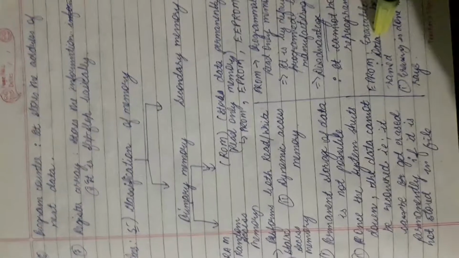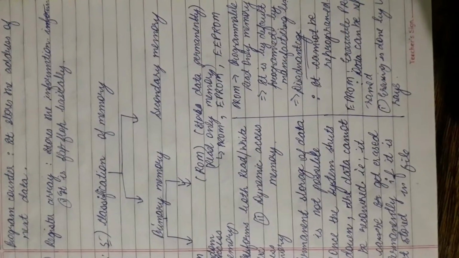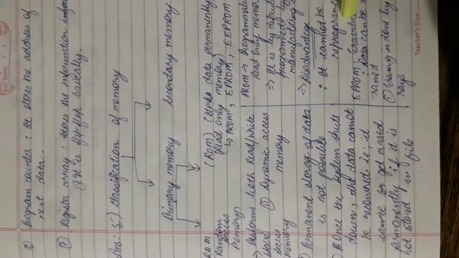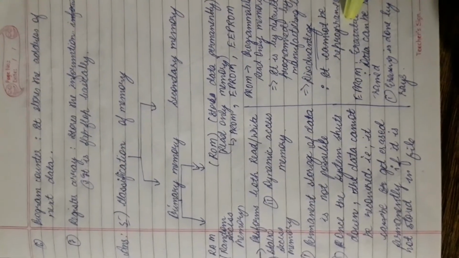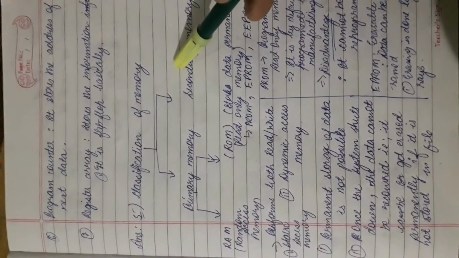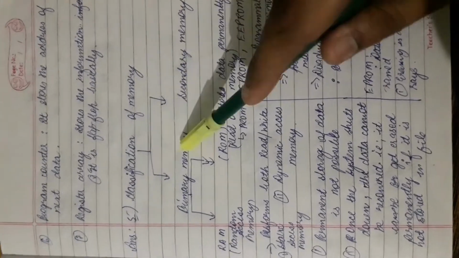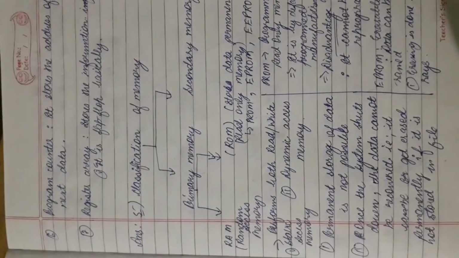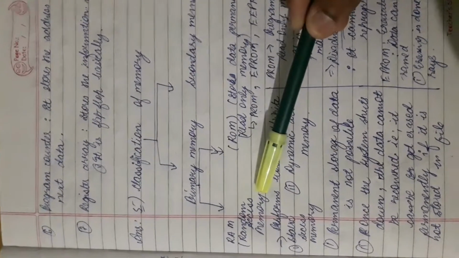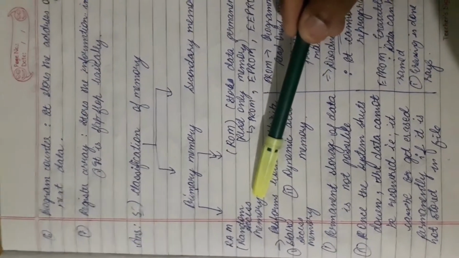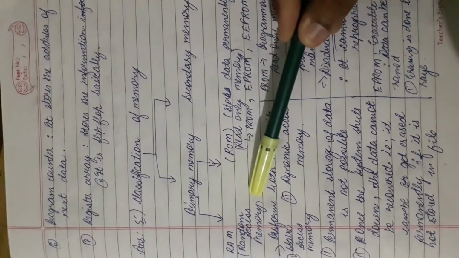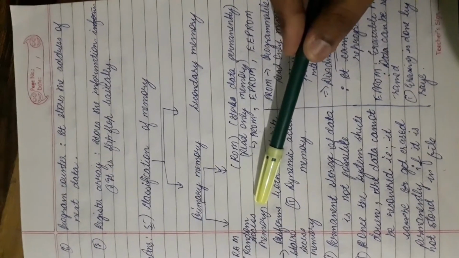Now the classification of memory. We can look at this set of code after some time, or also have a look at it side by side. How is the memory classified? It is classified into two: primary memory and secondary memory. Primary memory is mainly random access memory, where you can directly access the data or information, and the values stored inside the RAM are not stored for too long.